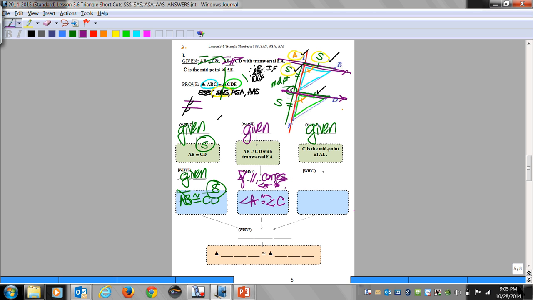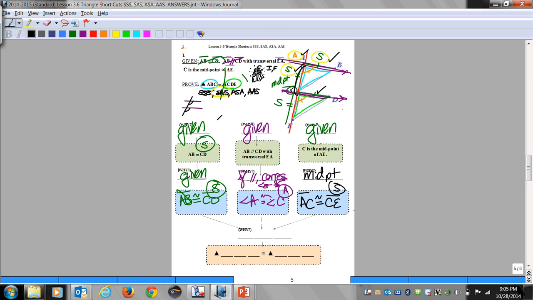So that gets us a pair of angles. Because C is the midpoint of AE, then we can say AC is congruent to CE. And the reason is because of the midpoint. That gets us our last pair of sides.